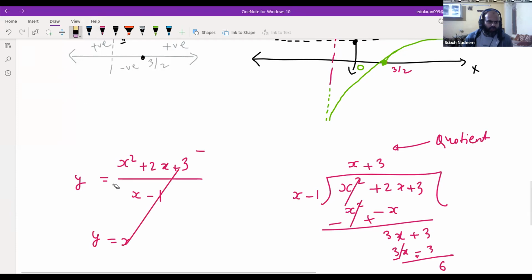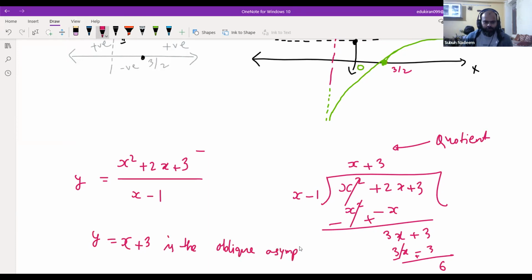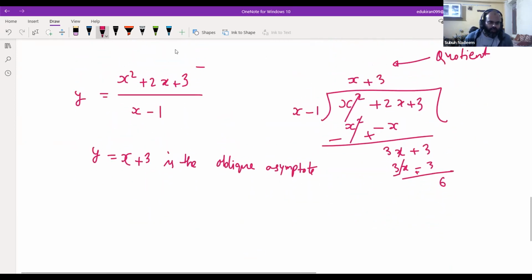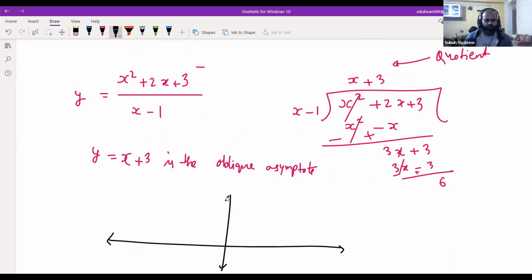So y is equal to x plus 3 is the oblique asymptote. Now, if you want to draw this graph, you can draw it. This does not have a horizontal asymptote because the degree of the numerator is not equal to the degree of the denominator.